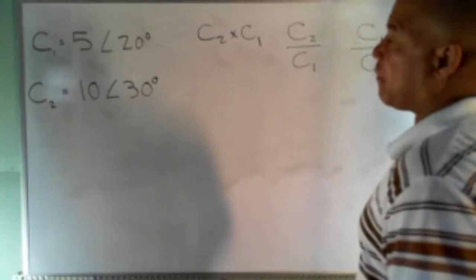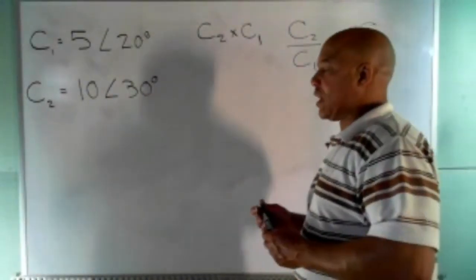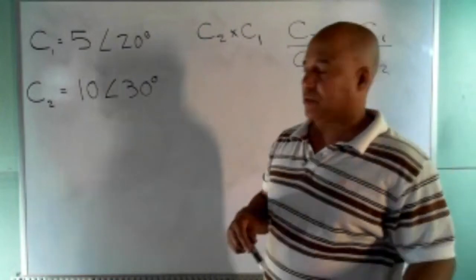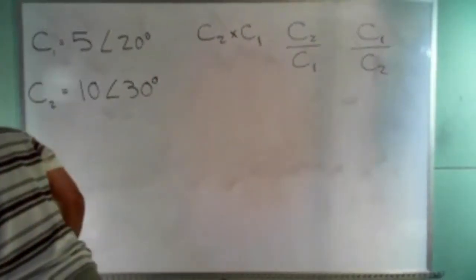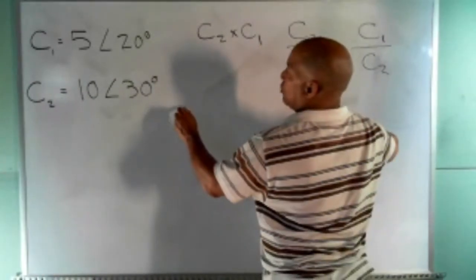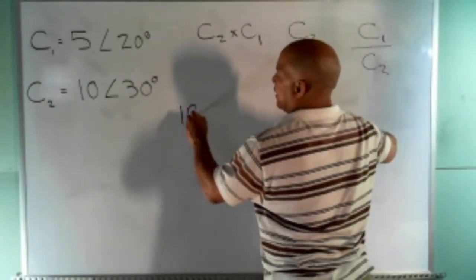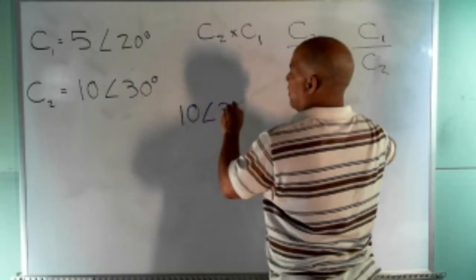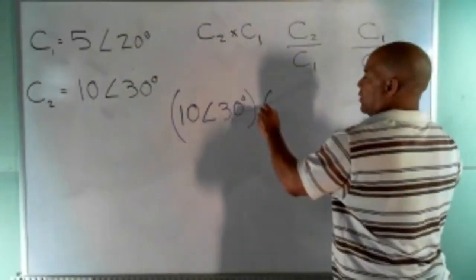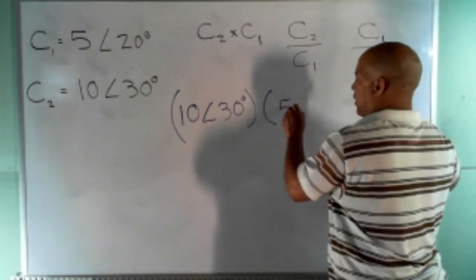Well, if you're in polar form, multiplication is easy because all you do is multiply the magnitudes and add the angles. So for this one, I got C2, which is 10 angle 30. I'm going to multiply that by C1, which is 5 angle 20.